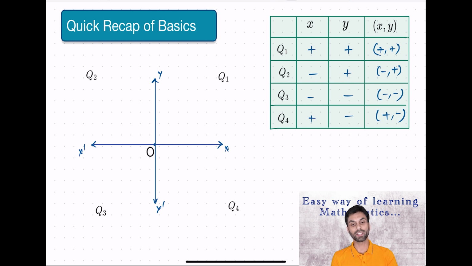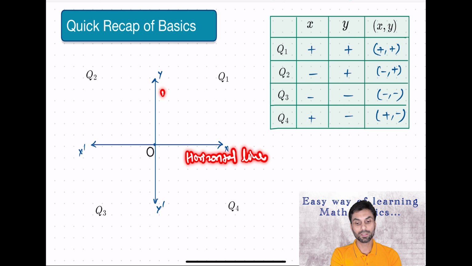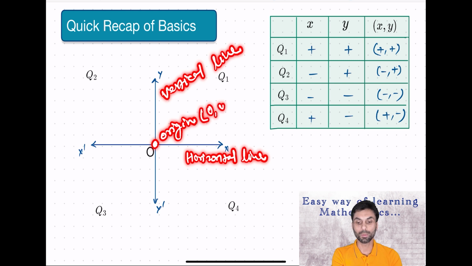When it comes to basics, we already know that the x-axis is called the horizontal line, the y-axis is called the vertical line, and the point of intersection of the x-axis and y-axis is called the origin, whose coordinate is 0, 0.